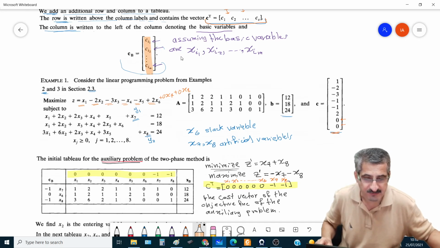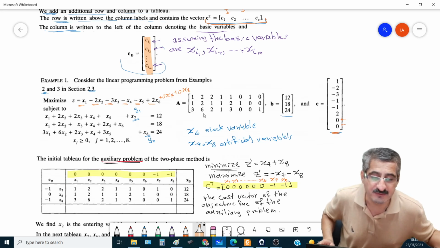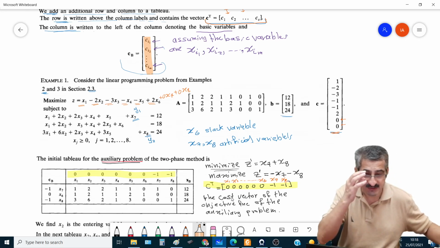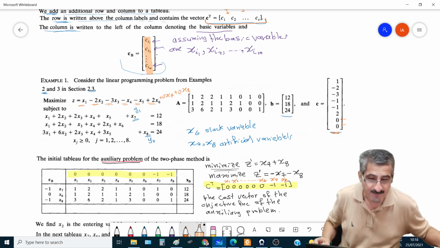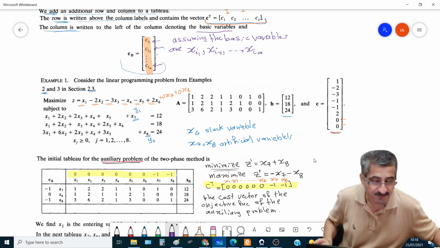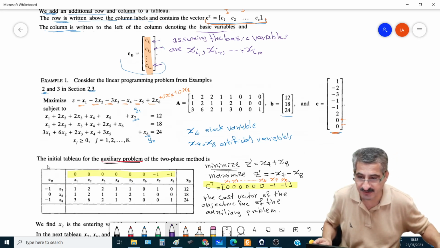To the basic variables. So what are the basic variables? The basic variables here are the slack and the artificial ones. So the basic variable, let me write here.